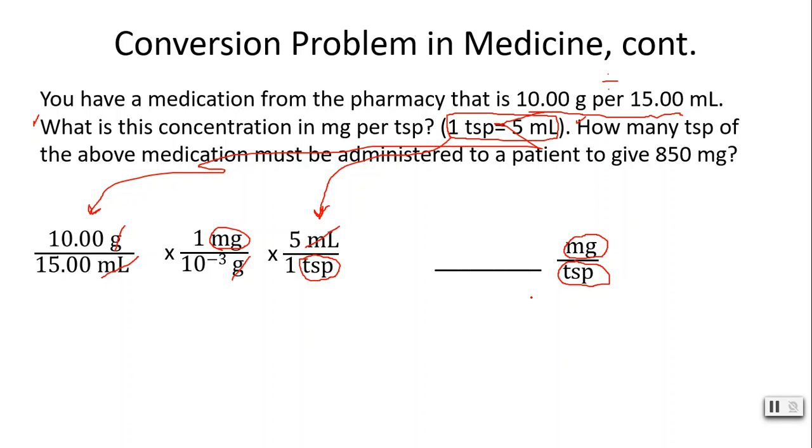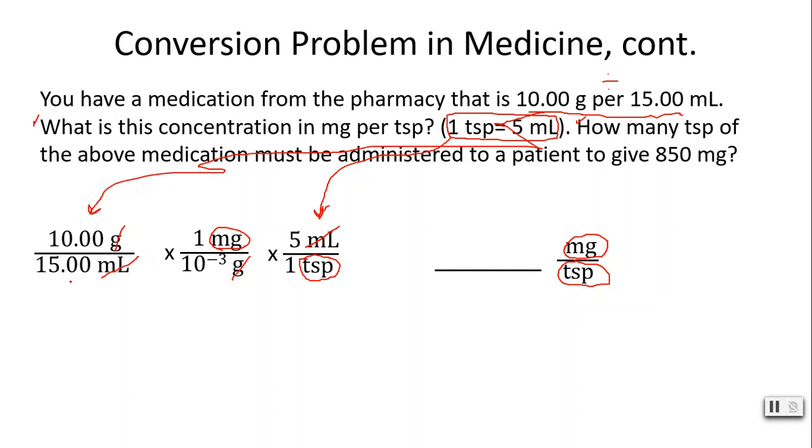The unit in the denominator for my answer is teaspoons. So now that the unit in my numerator and denominator matches the unit that I'm looking for, I am done setting up my problem. And all I need to do is put it in my calculator.